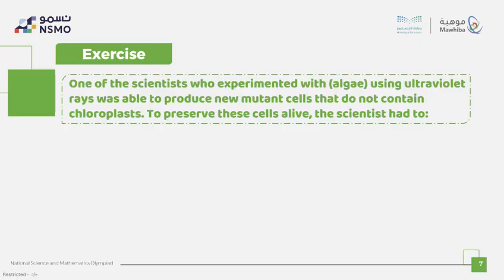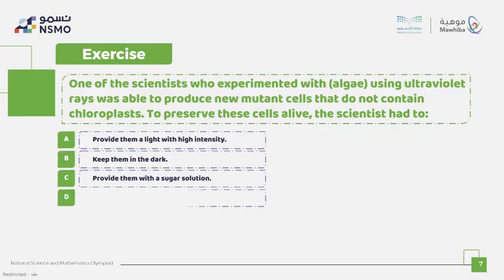Before we show the options, let's understand the core of the question first. So, chloroplasts allow cells to perform photosynthesis and produce their own food. Without the chloroplasts, the cell cannot make glucose. Okay, so let's see the options and let's analyze them.